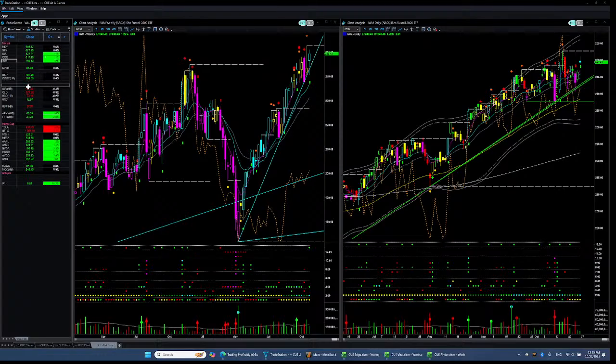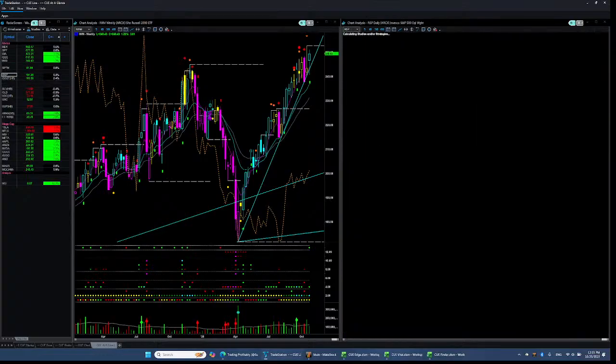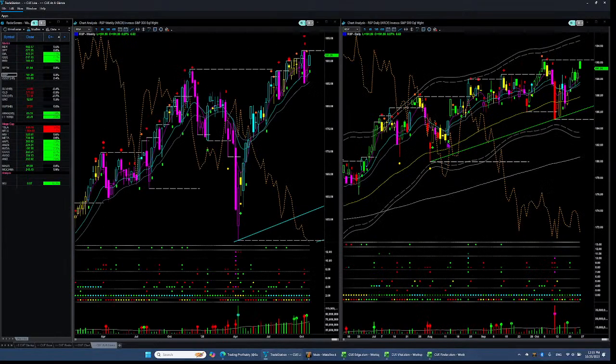And furthermore, let us look at these two charts. RSP did not make a new all-time high, and in daily opened with a huge gap up. Looks like irrational exuberance, on the news that inflation might be a little bit lower than expected.